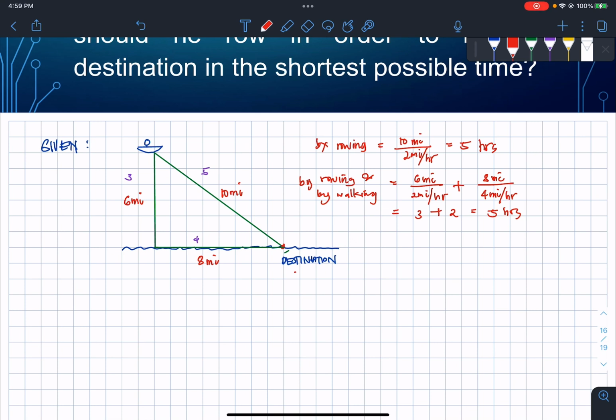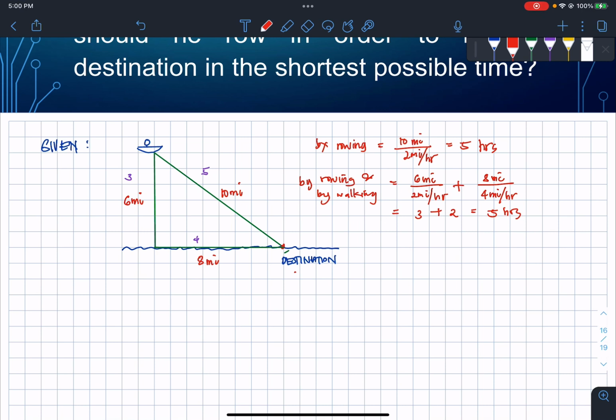However, if he chooses to row the 6 miles, which would take 3 hours, and then walk the 8 miles, which would take 2 hours, 3 plus 2 is equal to 5 hours. So now, what would be the combination of rowing and walking that will yield the shortest time?